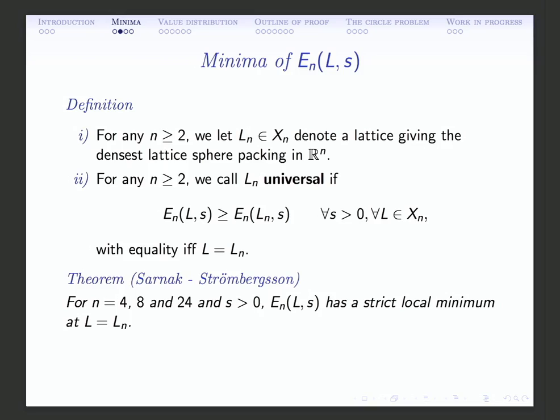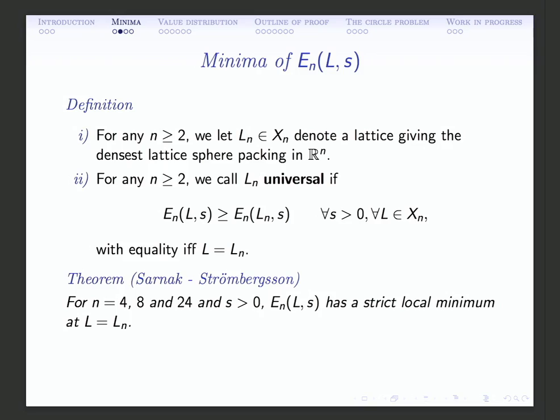There is a theorem of Sarnak and Strömbergsson that tells you that in some particular dimensions, n equal to 4, 8, and 24, L_n, which is D4, E8, and the Leech lattice in these dimensions, has a strict local minimum at the right point.